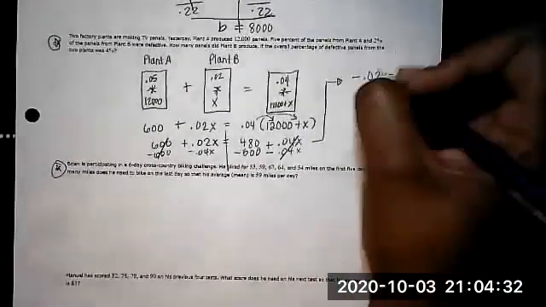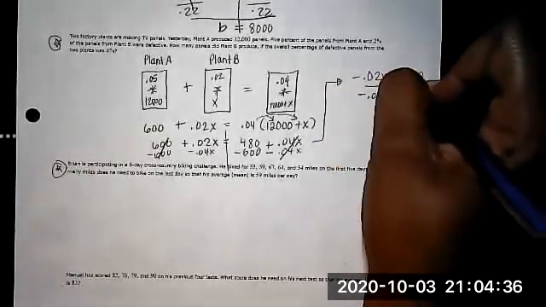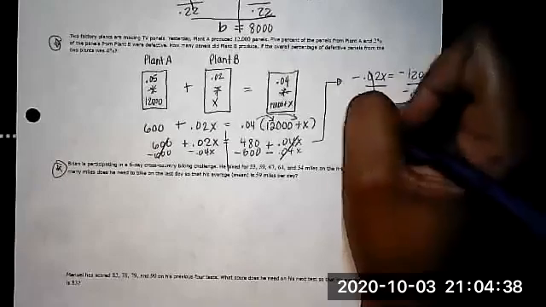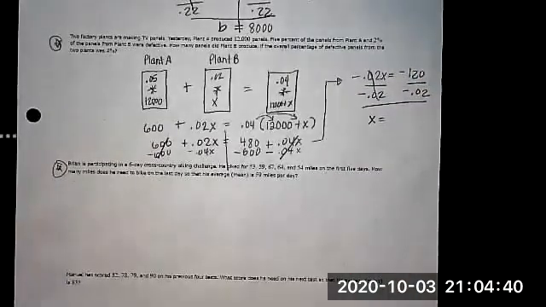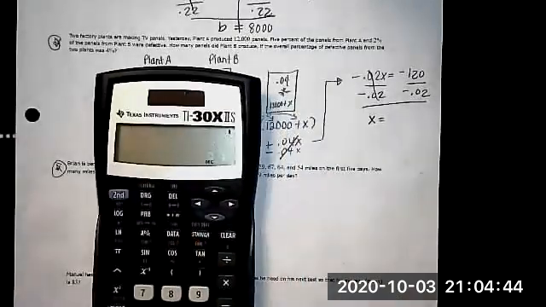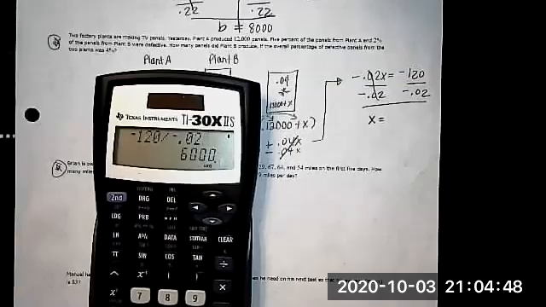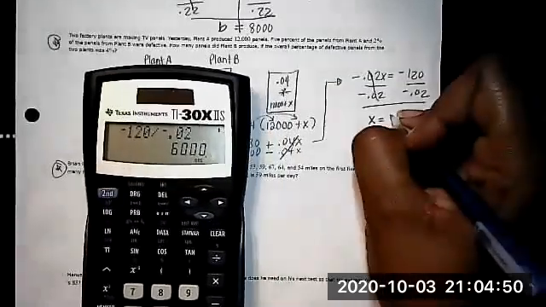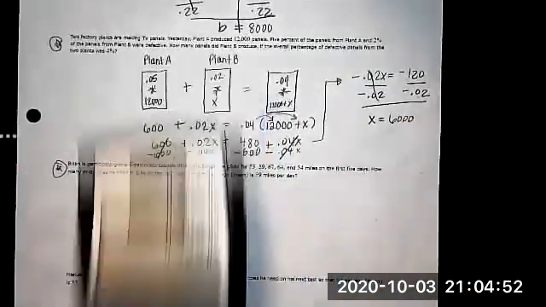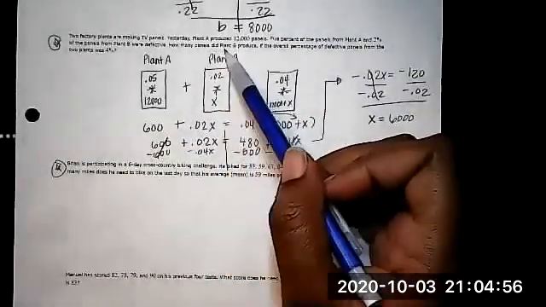All right, so then I'm going to divide by negative 0.02. Our x value is going to be negative 120 divided by negative 0.02, which is 6,000. Okay, so the question was, how many panels did plant B produce?